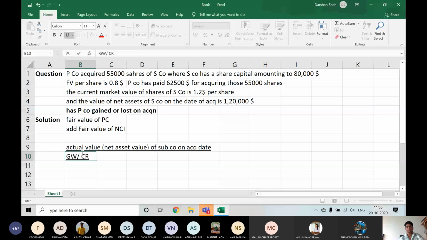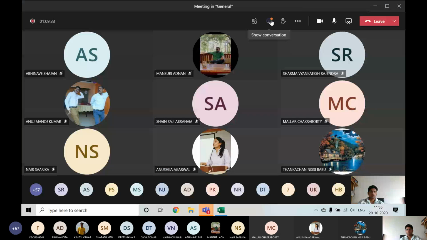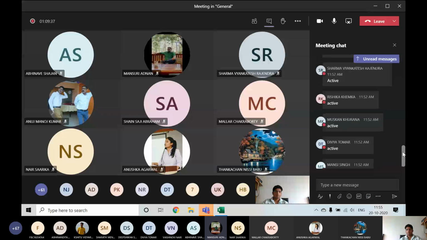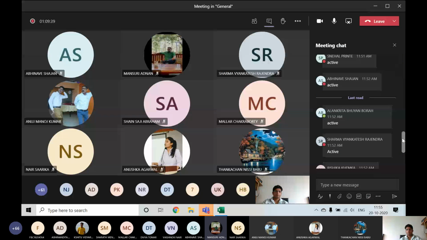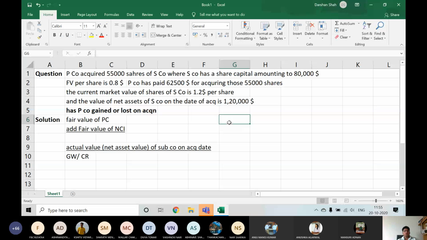What about the others? What is the answer? Let us check the answer. So fair value of purchase consideration: how much are we paying for 55,000 shares? 62,500, it is given in the problem.